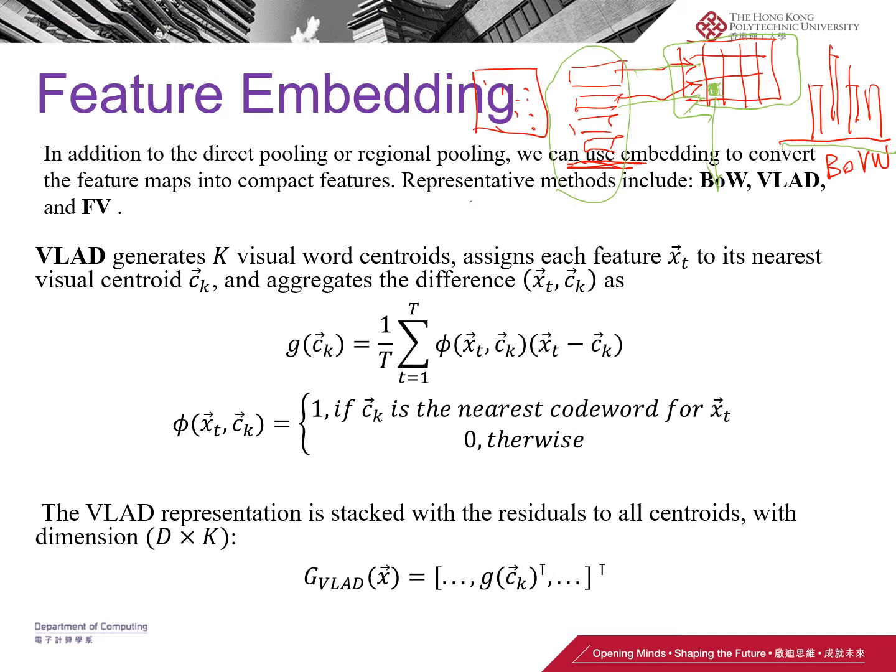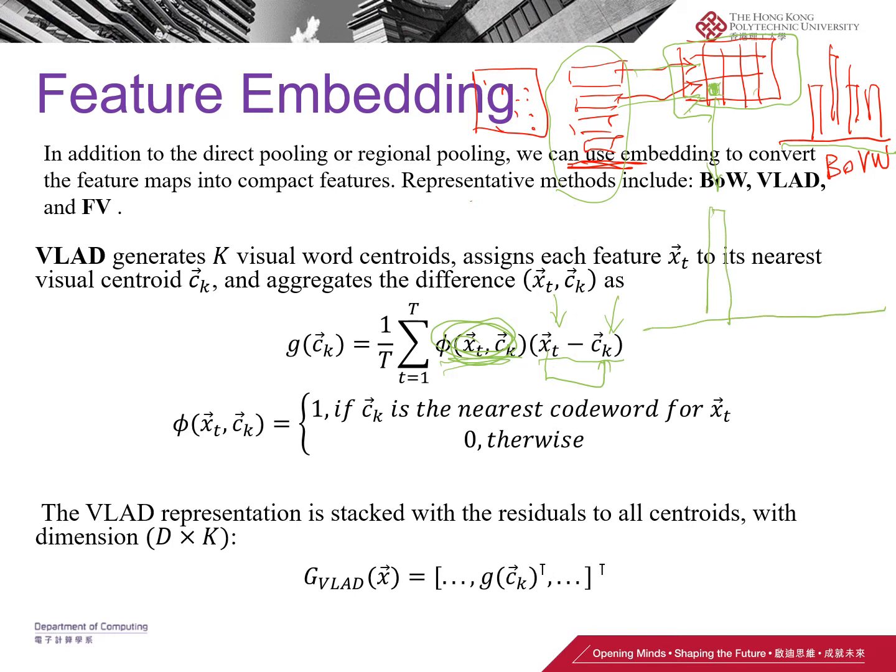So we are calculating the difference. Here, this is the feature vector, and this is a code word. By this function, which is actually a membership function, we see if this has been assigned to this one. So with that function, we are actually calculating the average difference for these words.